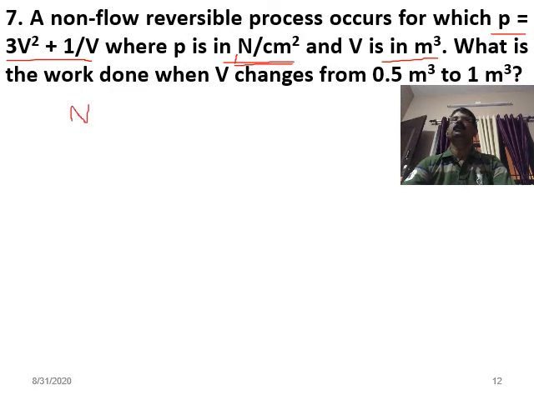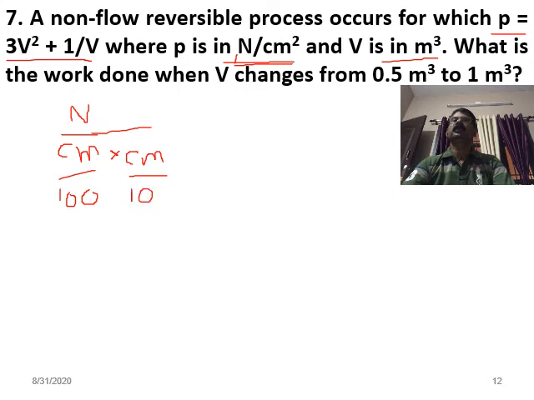Newton per centimeter square means Newton per centimeter into centimeter. That's the meaning of this Newton per centimeter square. Now you have to convert this centimeter and this centimeter into meter, for which you have to divide this by 100 and this also by 100.